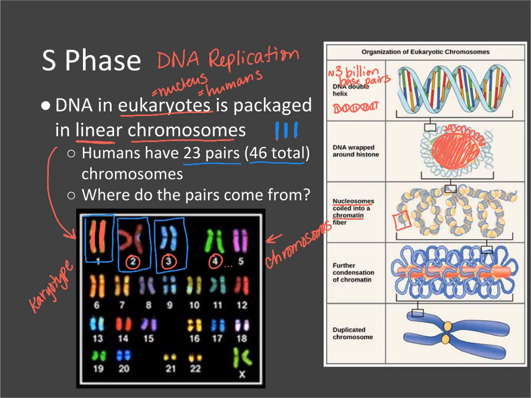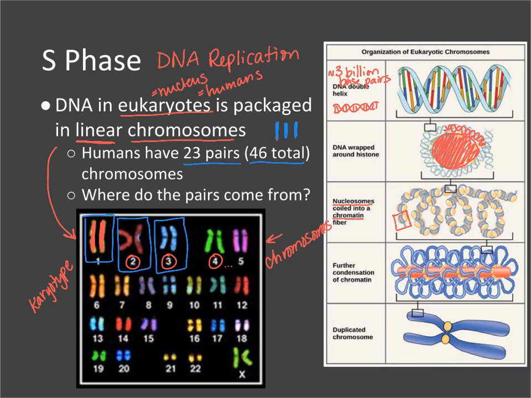The reason that's important is because we essentially get 2 copies of genetic information. We get 1 copy from our mom and 1 copy from our dad. And so your genetics are really determined by the combination of your mom's chromosomes interacting with your dad's chromosomes.